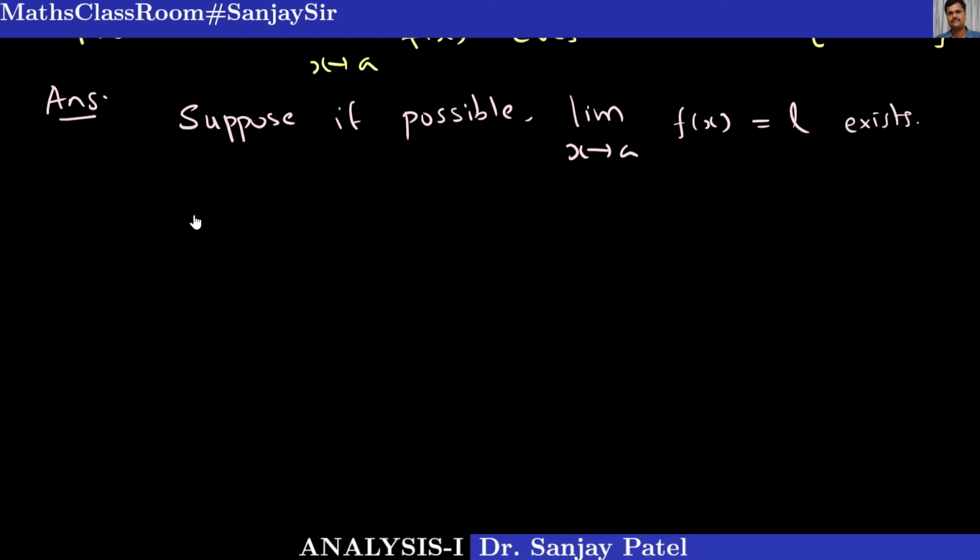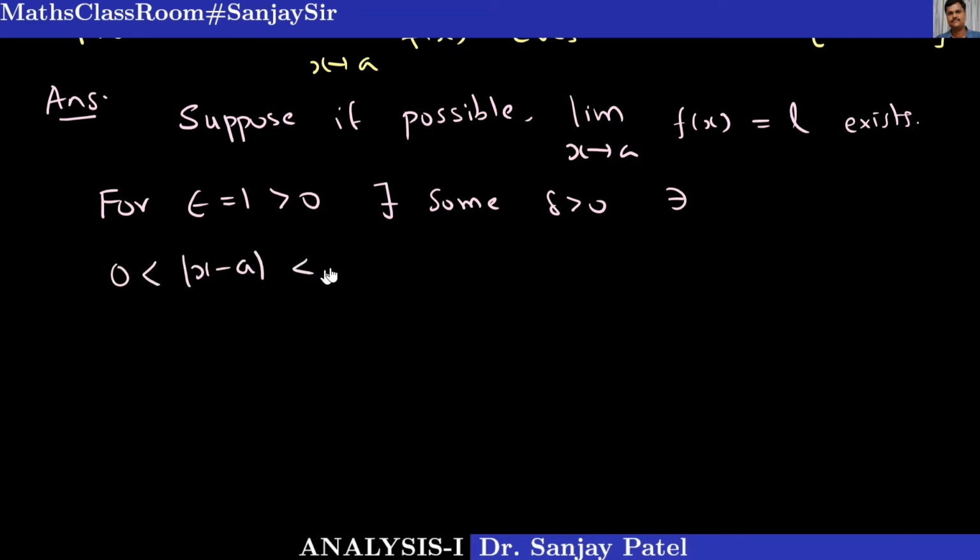Then we know for every epsilon there is some delta such that the epsilon delta condition is satisfied. So in particular, for epsilon equal to 1 greater than 0, we can find some delta such that whenever 0 less than mod of x minus a less than delta, it implies mod of f x minus L is less than epsilon, which is equal to 1.